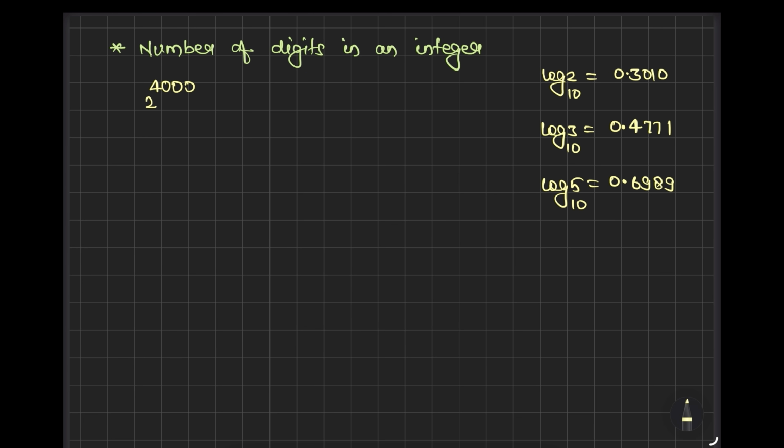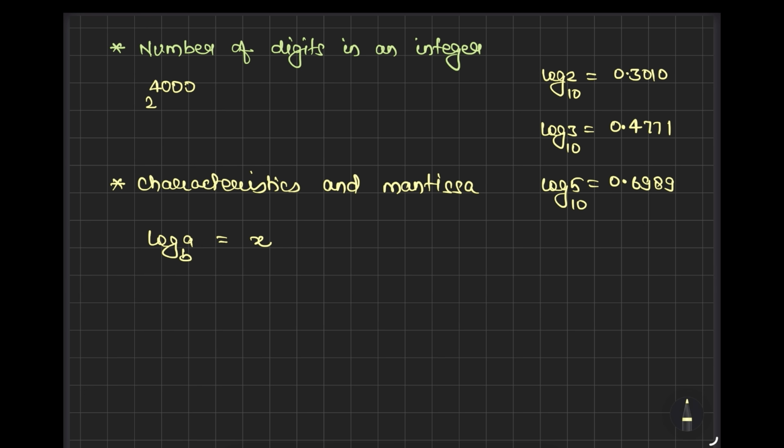Okay, so first try to understand what characteristic and mantissa are. Suppose you know that log a base b is nothing but a number.